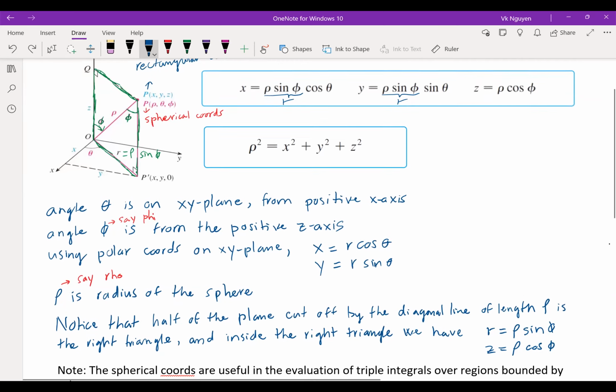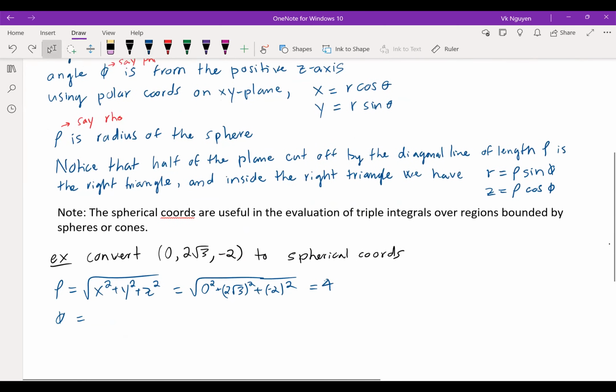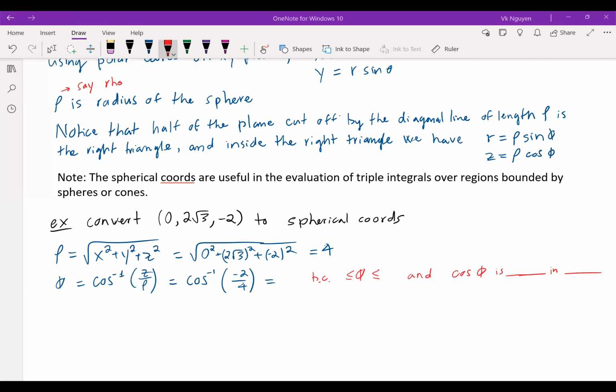Phi is going to be arccosine of z over rho. z is negative 2 over 4. The answer here is going to be 2 pi over 3.